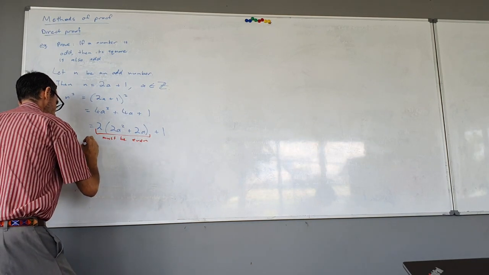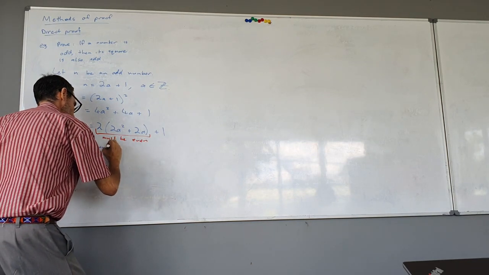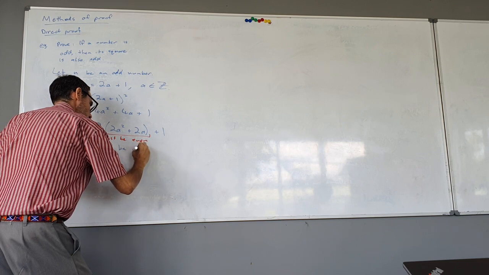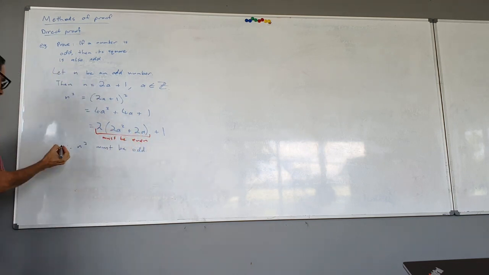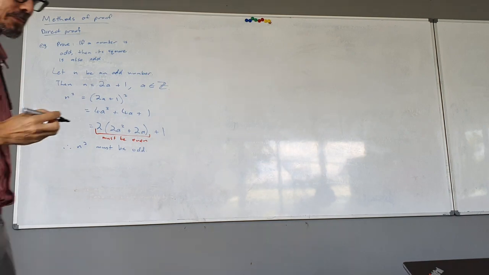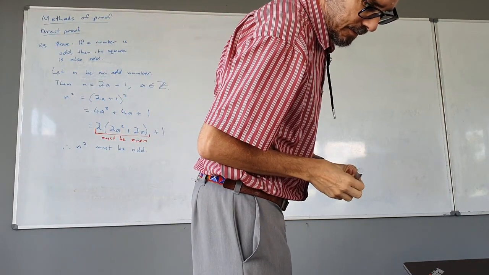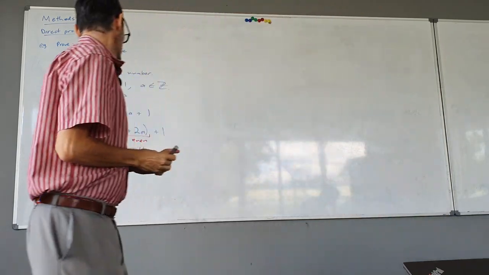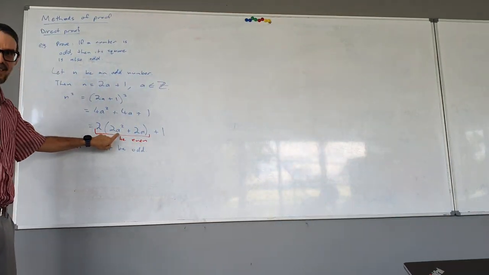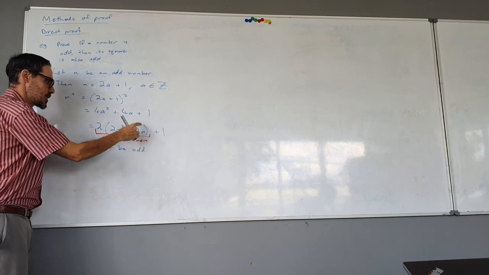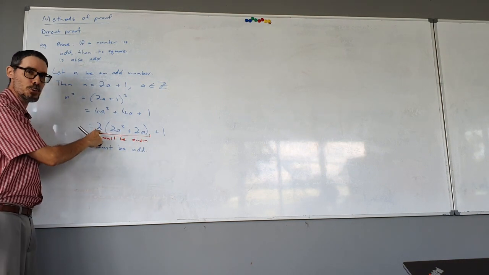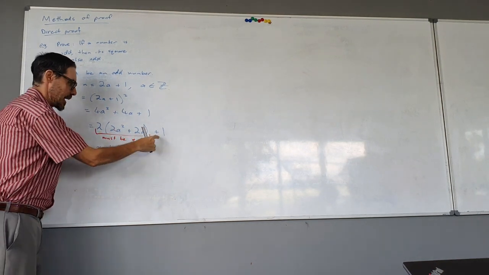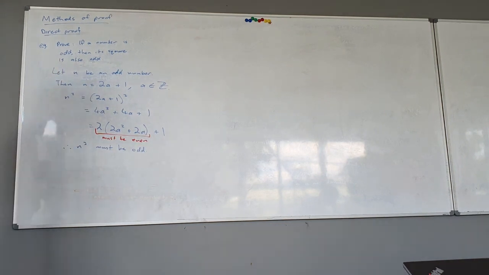Therefore, n squared must be odd. A is an integer, so all of this is an integer. Any integer times 2 is even. I'm adding 1 to it, so my number must be odd.